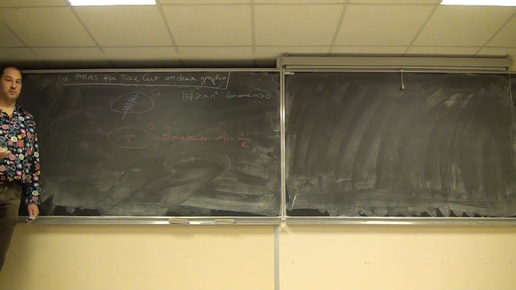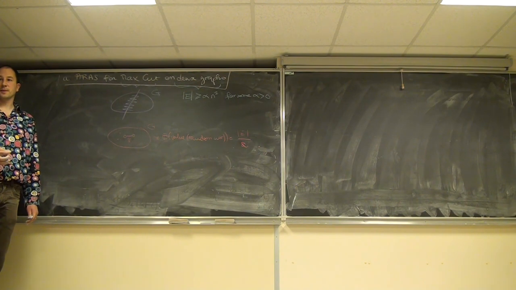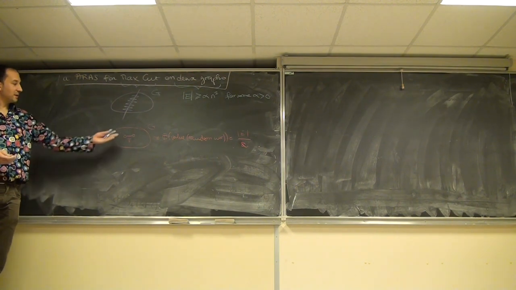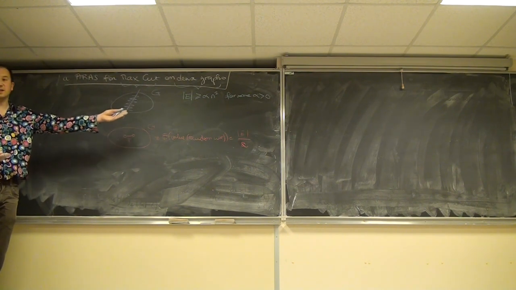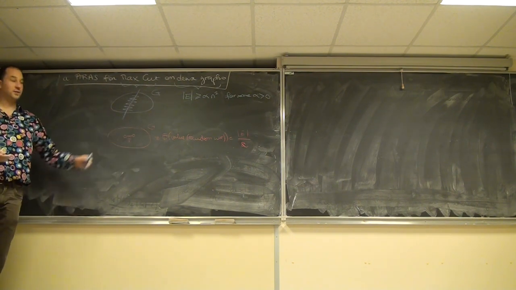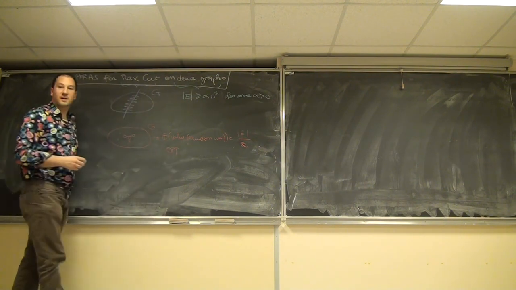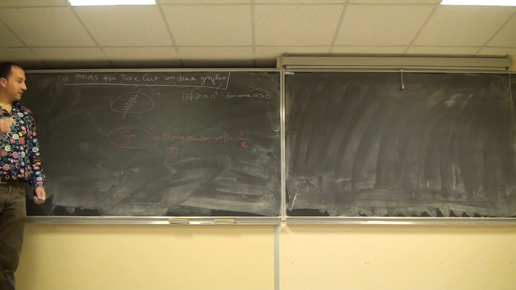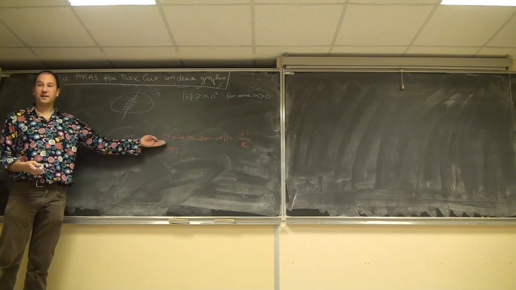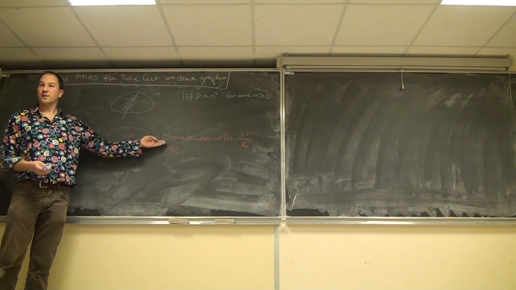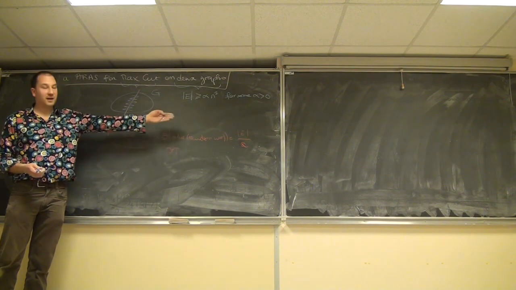But what can I say about the optimum value of max-cut? I know that the expected value of my random cut is at least the number of edges over 2. So I can say that there is a cut whose value is at least m over 2.